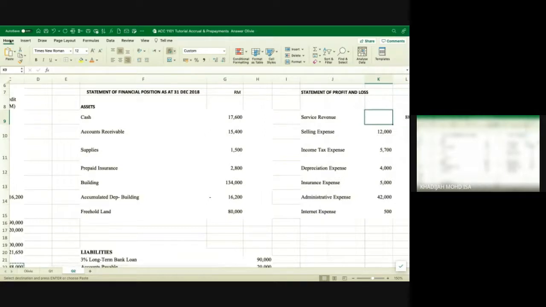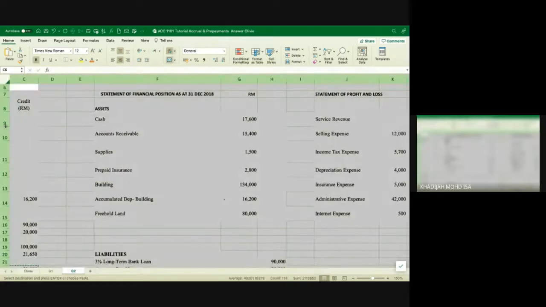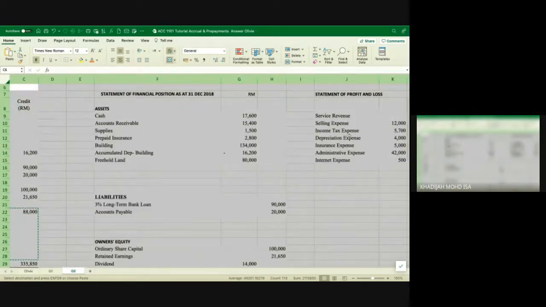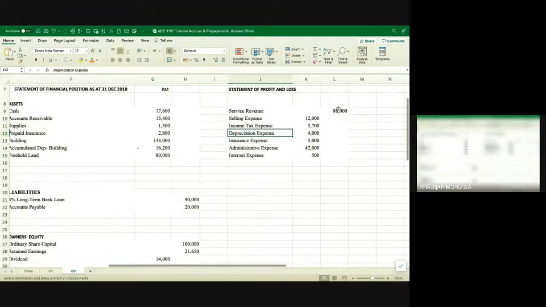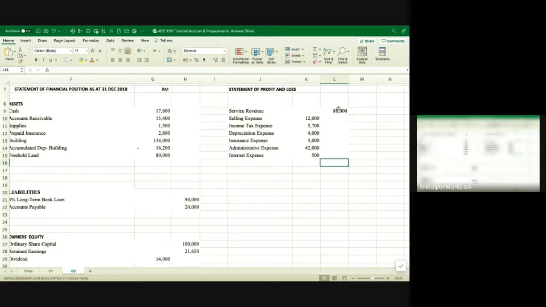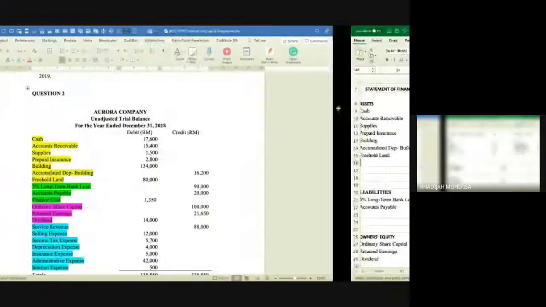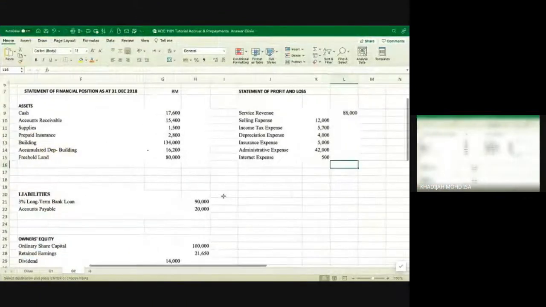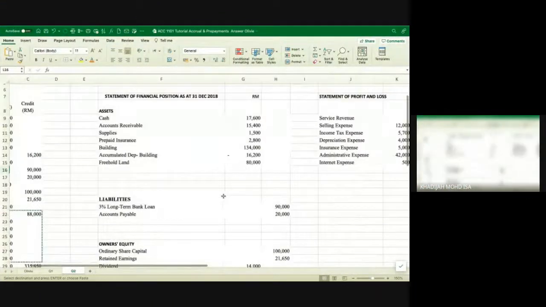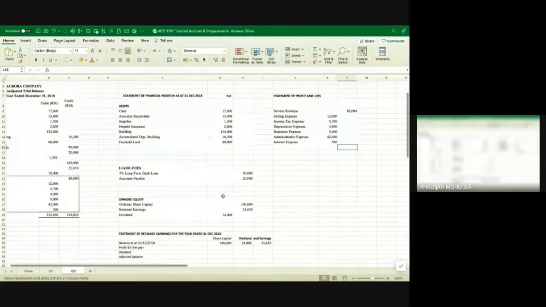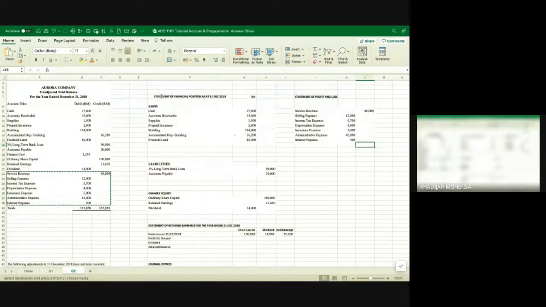Revenue is always on this side, and later you're going to compute everything. What else do you need? Once you have all these in the statement of financial position, you have the statement of profit and loss account. Let's color this so that you can see this clearly.